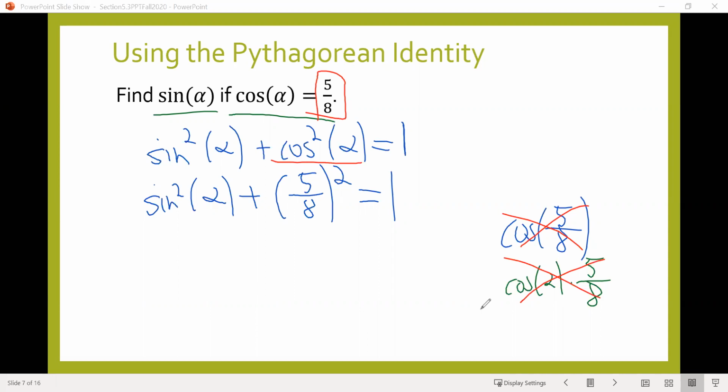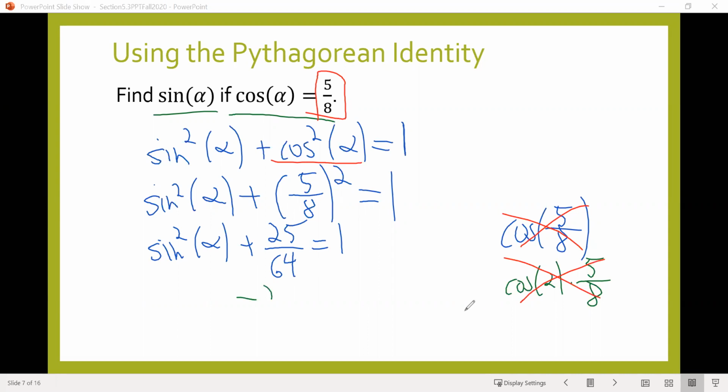All right, now we can just solve for the sine value. So we'll have sine squared alpha plus, if we have 5/8 squared, that means we can square both the top and the bottom, which will give us 25/64 equals 1.